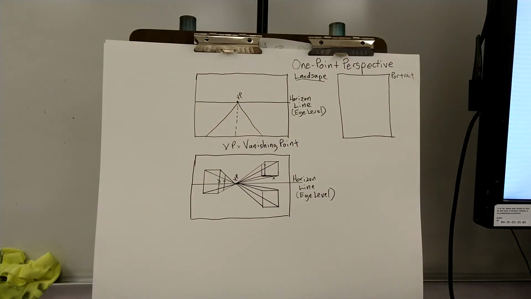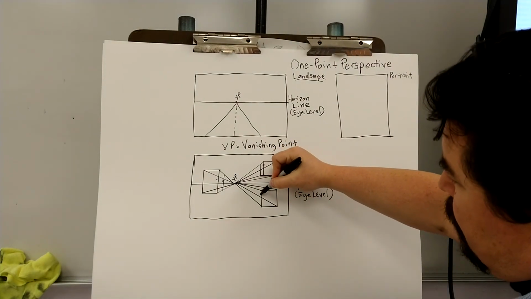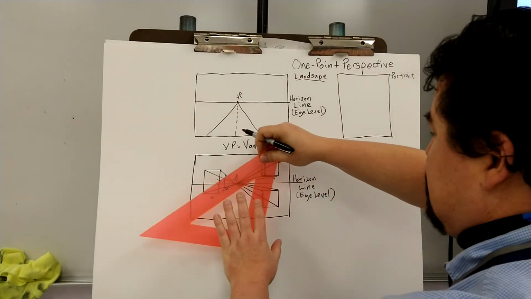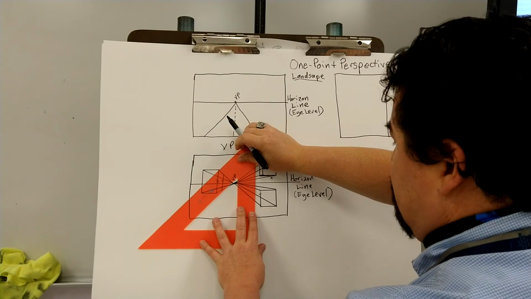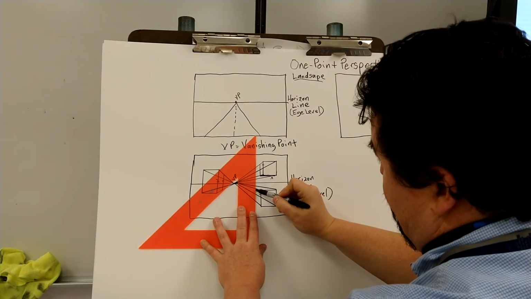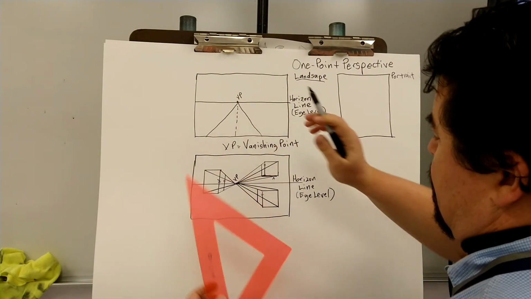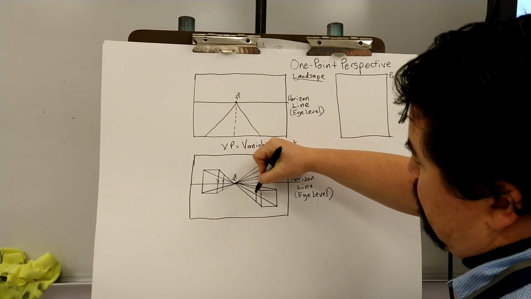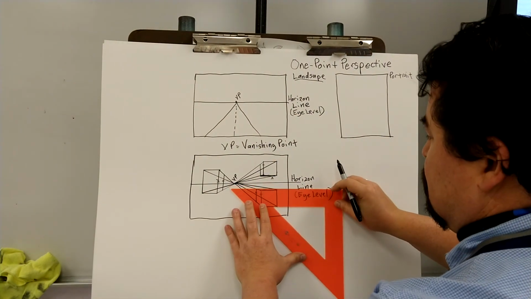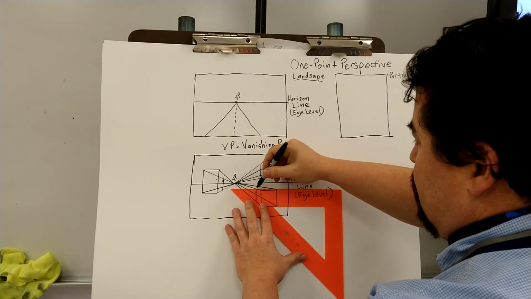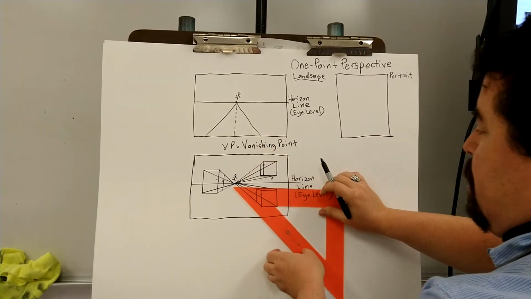So we want to draw, again, parallel lines to stop it. There's a parallel line. And another parallel line.